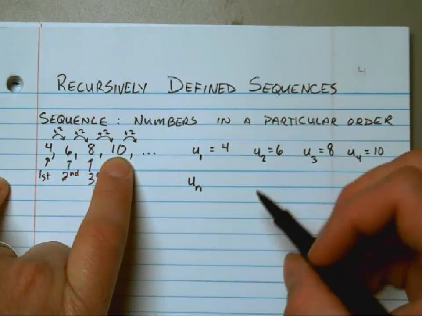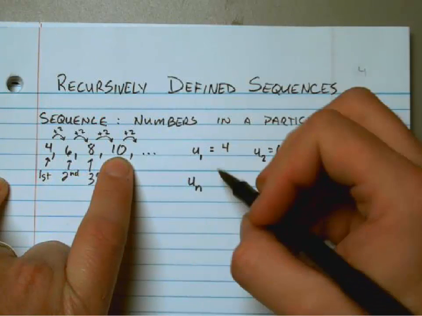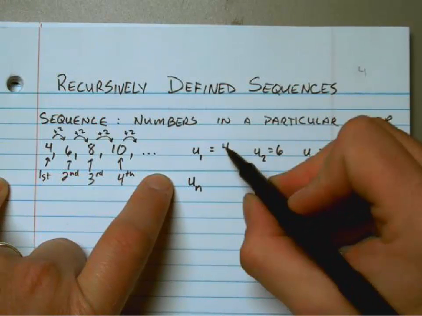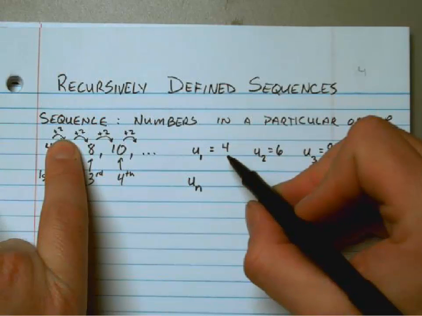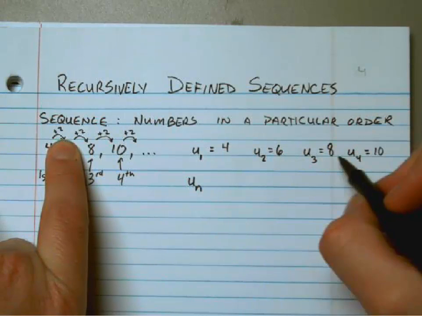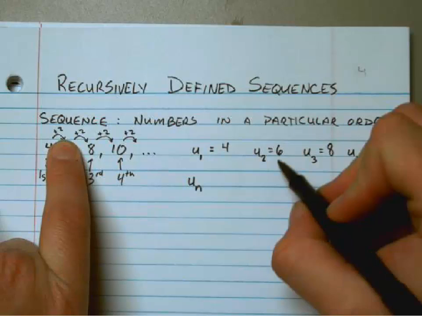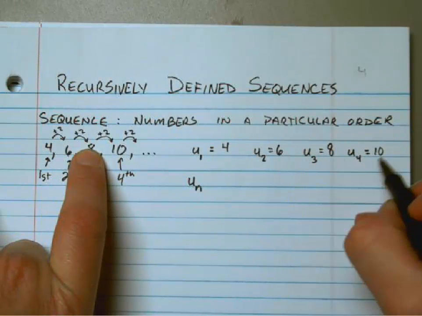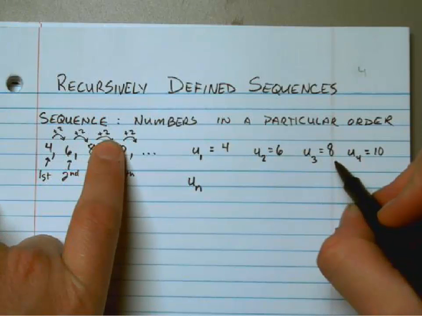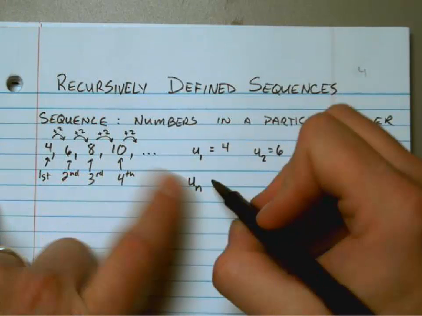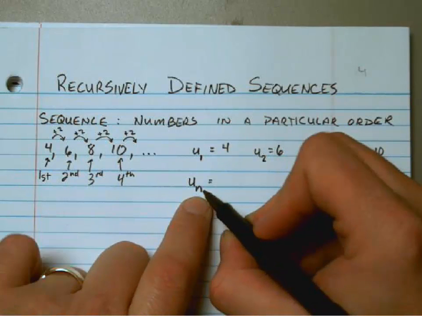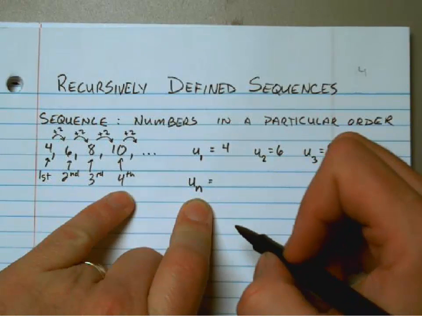Now, this is kind of nice because, well, how did we get 6? We did 4 plus 2 to get 6. And how did I get 8? I did 6, the one before it, plus 2 to get 8. And to get 10, I did 8 plus 2 to get 10.